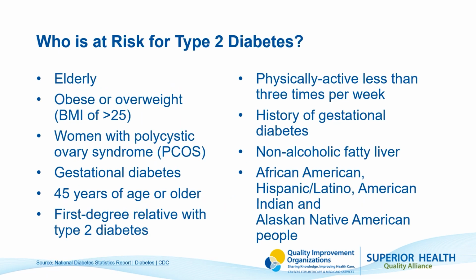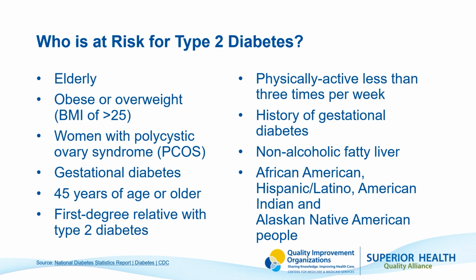So who is at risk for diabetes? Well, the elderly are very much at risk. Obesity is a common risk factor, especially if your BMI is over 25. Women with polycystic ovary disease or those who have had gestational diabetes are always at risk.